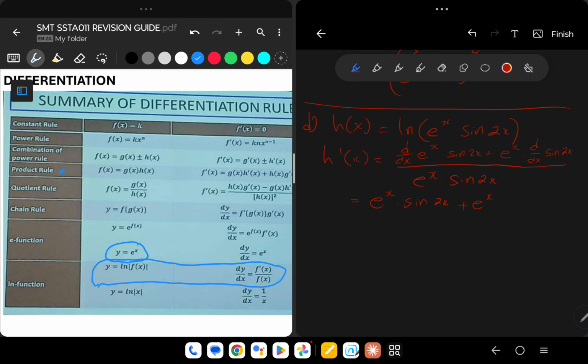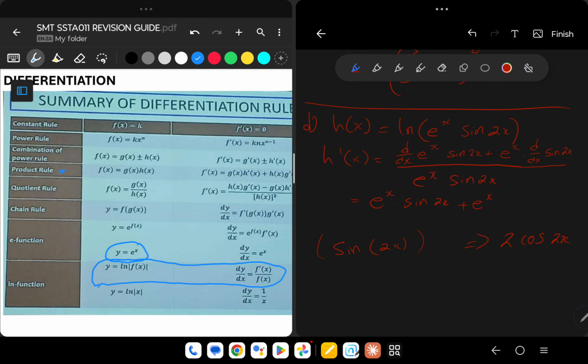Now let's look at sine 2x as well. This is also a function in a function. You can just keep in mind that the derivative of sine 2x is actually 2 cos 2x.